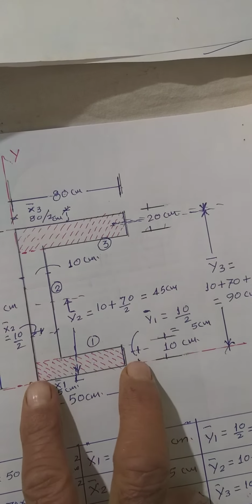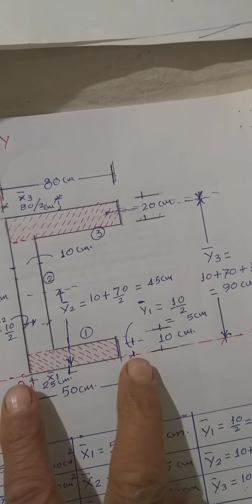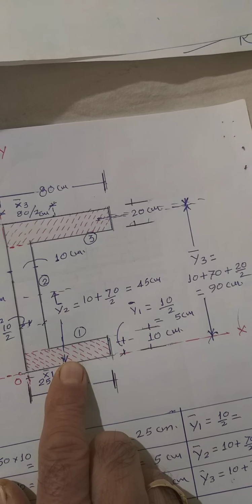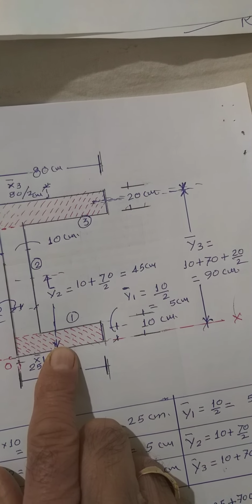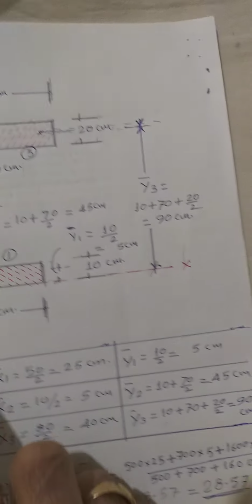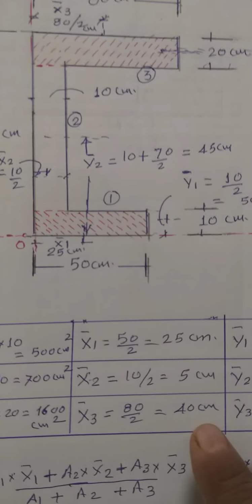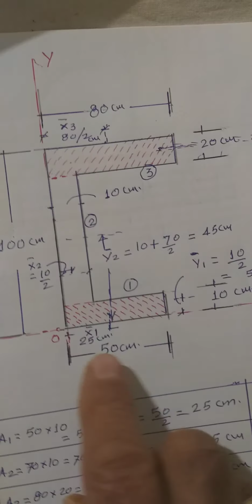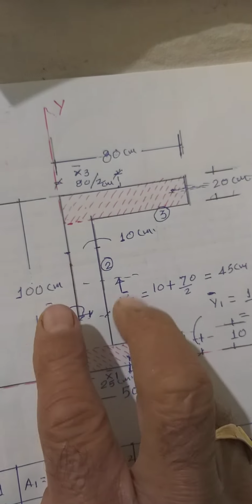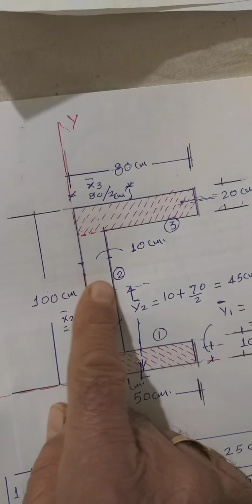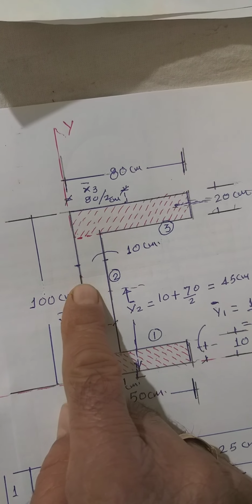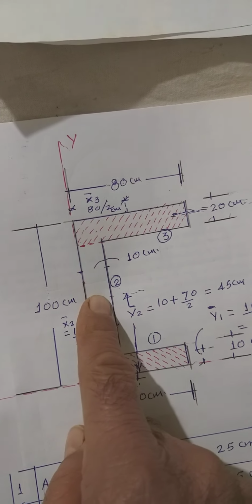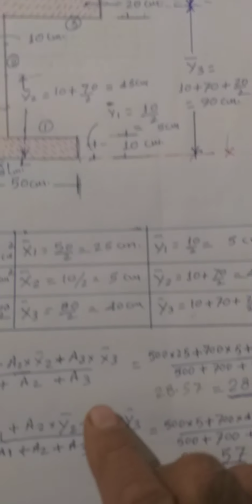Now when we are talking about this length, first figure, this is 50. No doubt the CG lies at the center, which is nothing but at 50 by 2, that is 25 mm. Just see, here x bar is 50 by 2, that is 25 centimeter, not mm, it is centimeter. From here, this distance is given as 10 centimeter. Again, the CG lies at the center. It is 10 by 2, that is 5 centimeter.